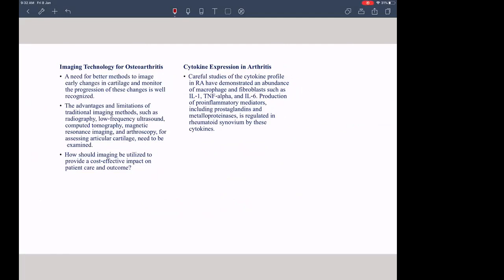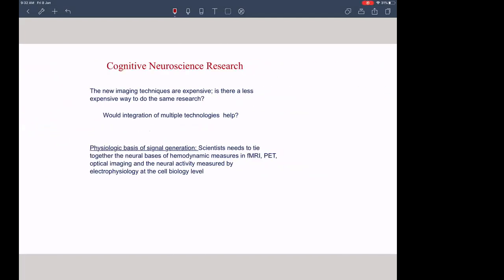Then the studies of cytokines, different kinds, and one needs to look specifically at how specific they are, right? Because some of these cytokines are raised in other conditions as well, due to infection and inflammation, and other inflammatory conditions.